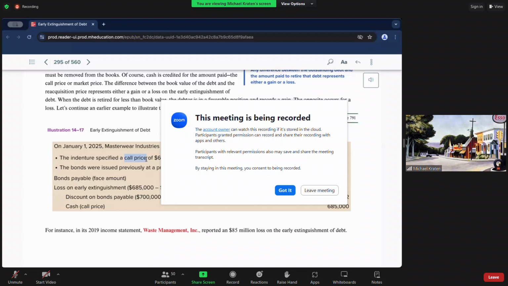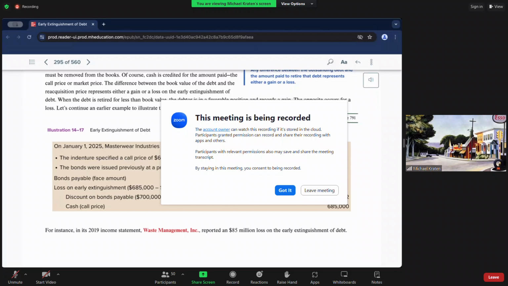And if the feature happens to be a provision that we call a call price, then the lender has the right to call the debt, which basically means calling the borrower and saying, I am exercising my right to demand that you pay me your money to eliminate the debt immediately at the call price that was called for in our original contract.